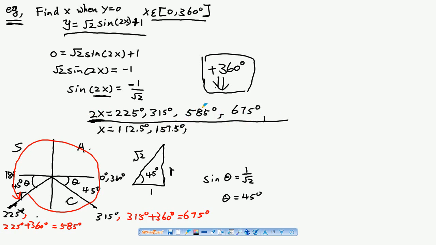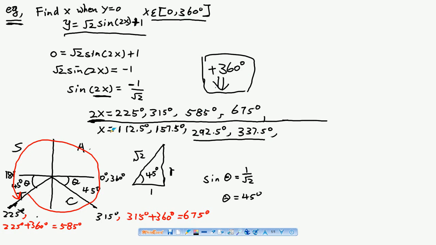So 585 degrees divided by 2 is going to be 292.5 degrees, and the other value is going to be 337.5 degrees, which are both still in the domain.